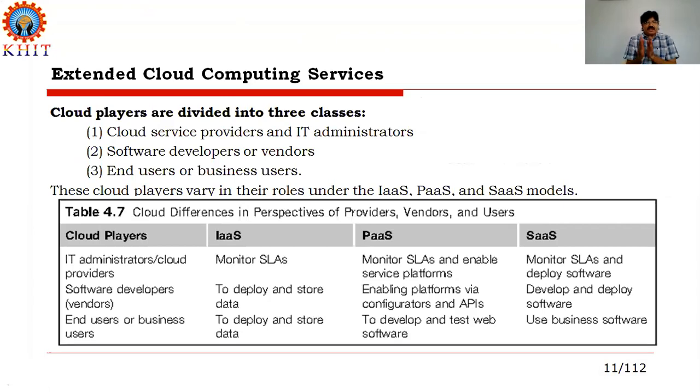That means cloud computing services like infrastructure as a service, platform as a service, and software as a service can be effectively utilized by three players, namely the administrator, the IT administrator. Simply, we can consider them as cloud providers like IBM mainframes, Microsoft Azure Cloud, and Amazon Cloud. So these are considered as cloud providers.